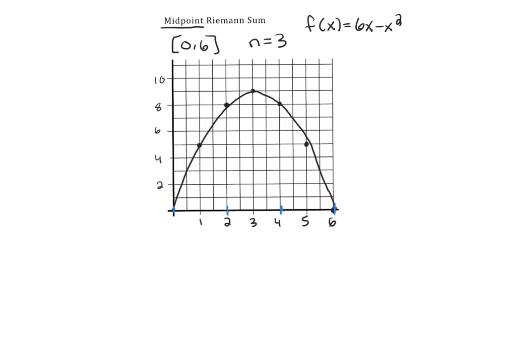So midpoint is exactly what you would think. What is the middle of this interval? It's at 1, and we're going to go to the right and to the left like this. Okay, so from the interval 2 to 4, the middle of that interval is 3, and then we'll go left and right, and then the middle of the last interval is at 5.